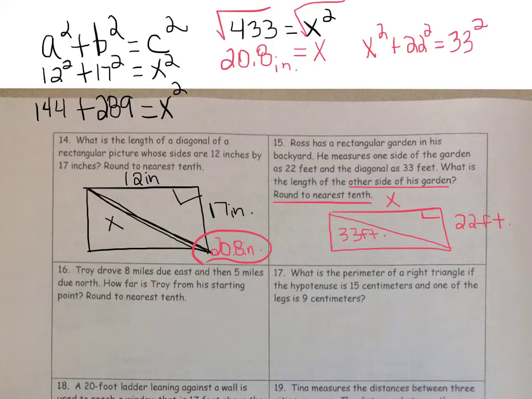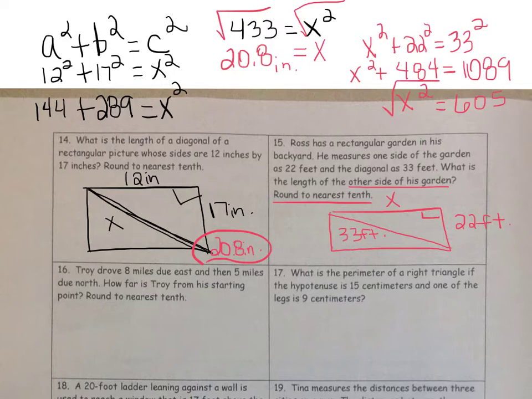22 squared is 484. 33 squared is 1089. Now you're going to subtract 484 from 1089 to get 605.